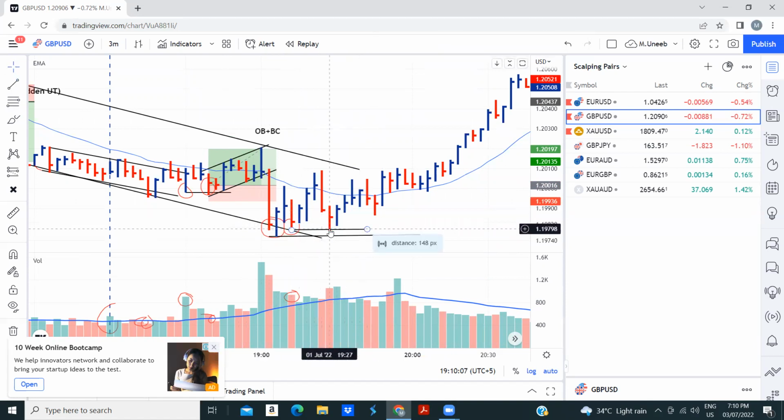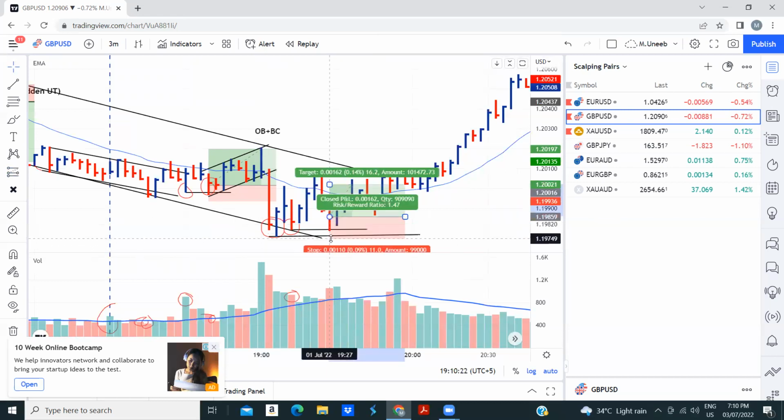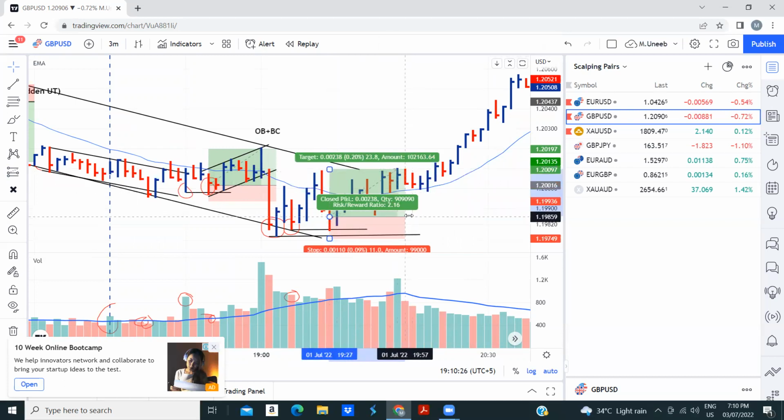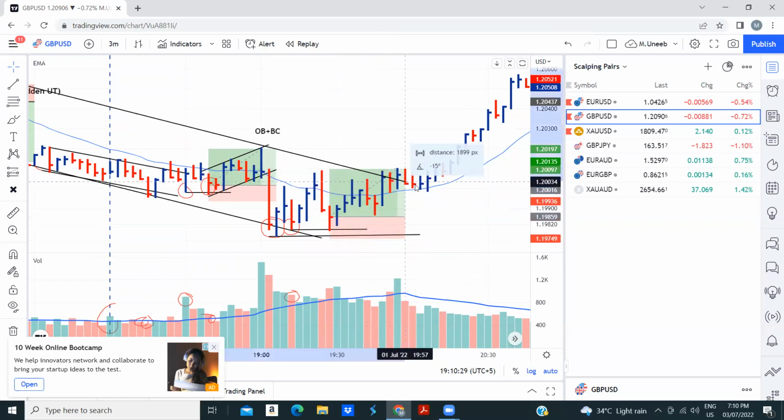And what do we notice here? Spring. Effort versus no result and a kind of spring, right? Both characteristics. So we can take a very slight trade of 2R here. Got it? But now notice one thing.